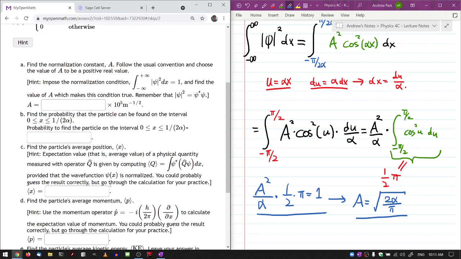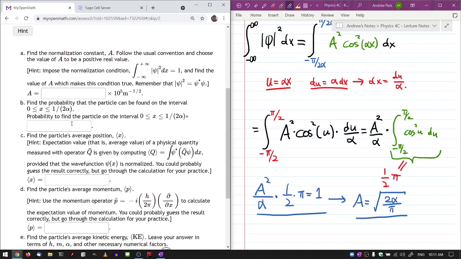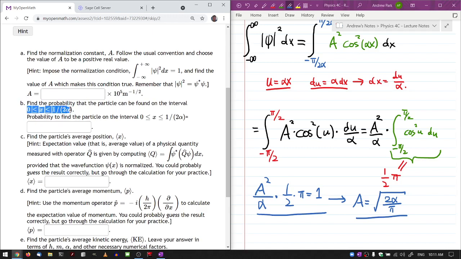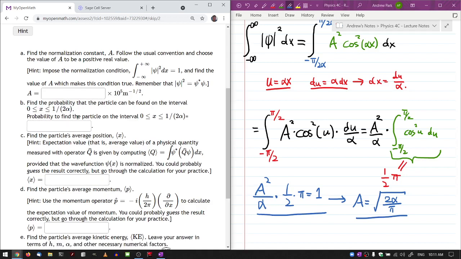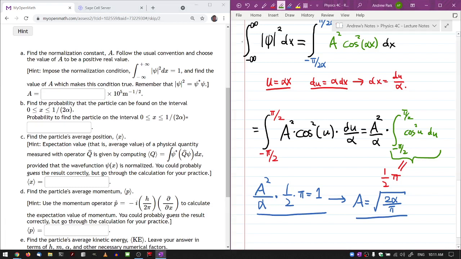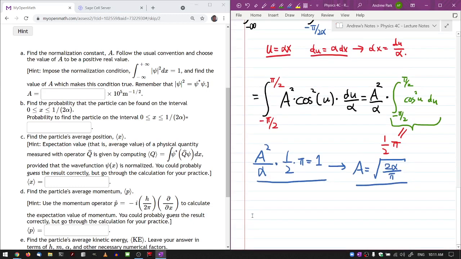It asks now for the probability that the particle can be found on the interval, which is a small portion of the interval. It's not quite 1 half. That was part A. For part B, the calculation goes the same way it did for problem 1.